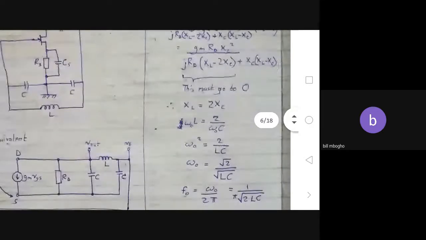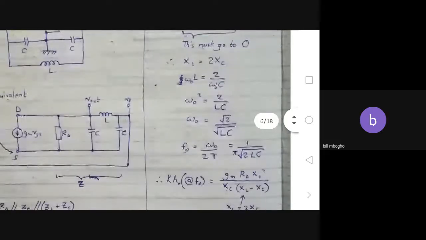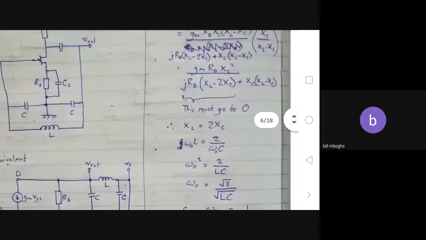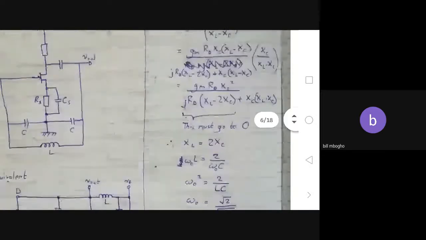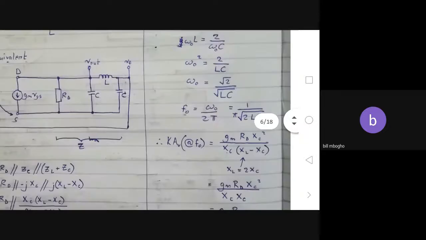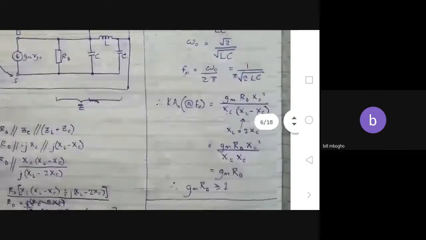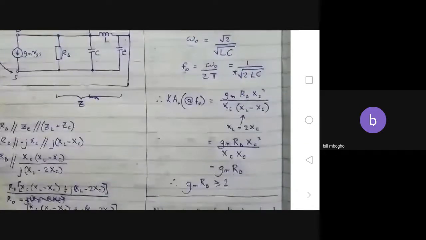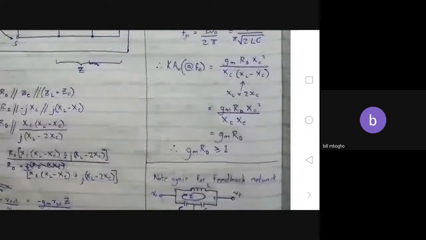You get XL is equal to 2XC. Then you use that to get your operating frequency. After replacing XL equal to 2XC in the KAV equation, you get your KAV exactly the same as Hartley's. And then your condition becomes GM RD greater than or equal to 1, just like before.